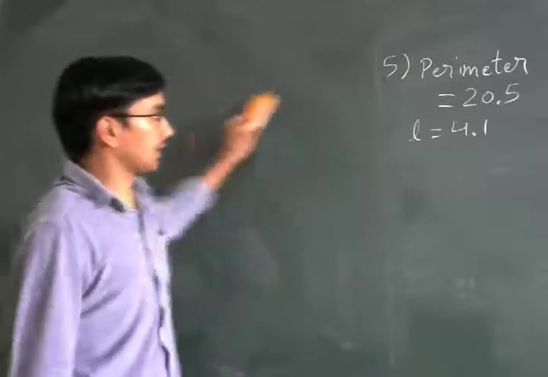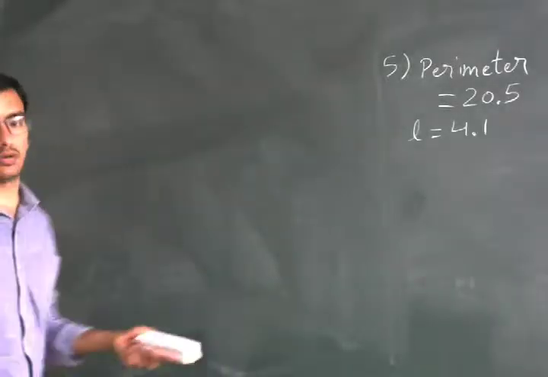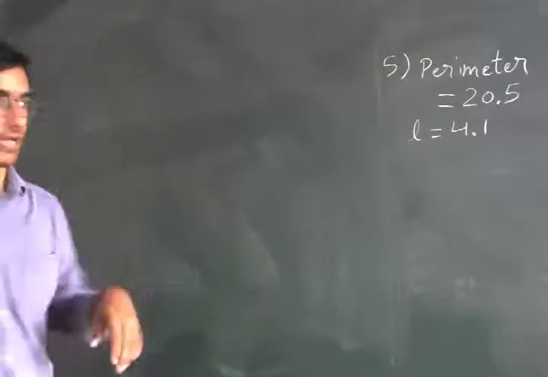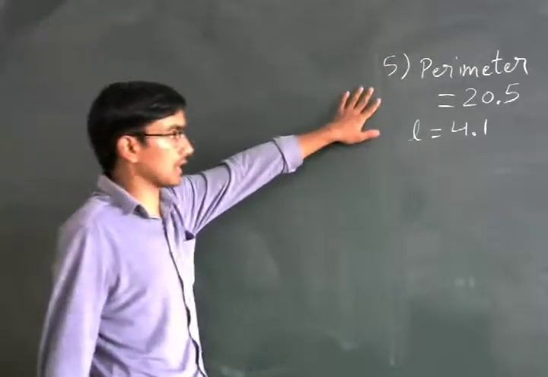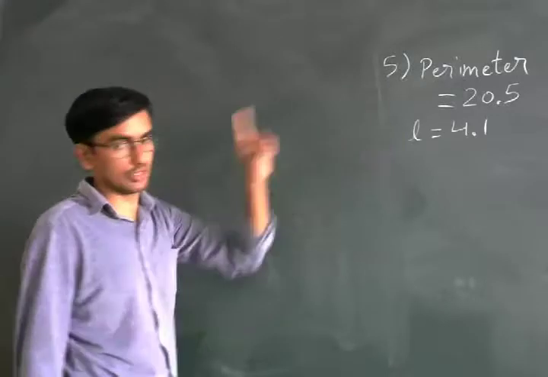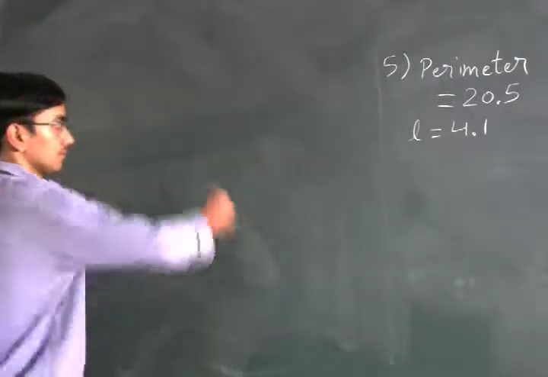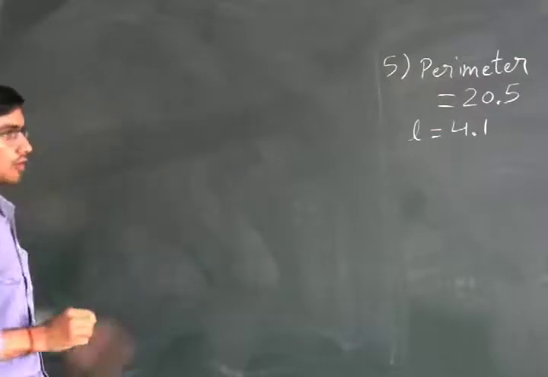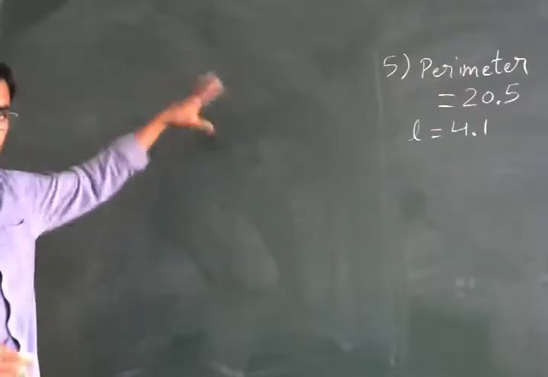Fifth one, perimeter of a polygon. A polygon is a closed figure made up of straight lines. We don't know the sides, but we know the length of one side, which is 4.5. In a polygon, we know the boundary, the total sum of all sides.